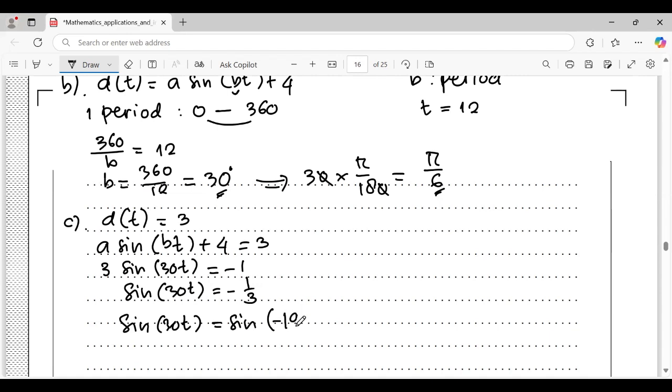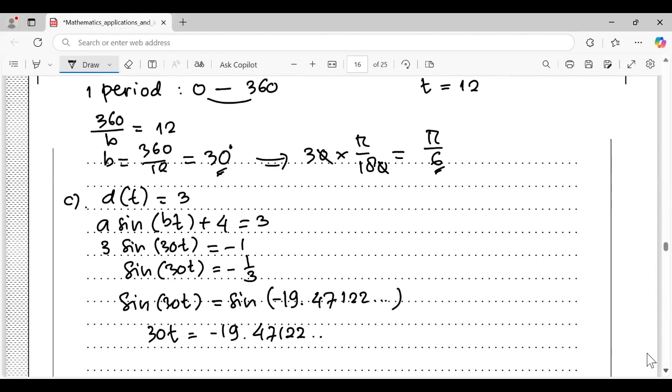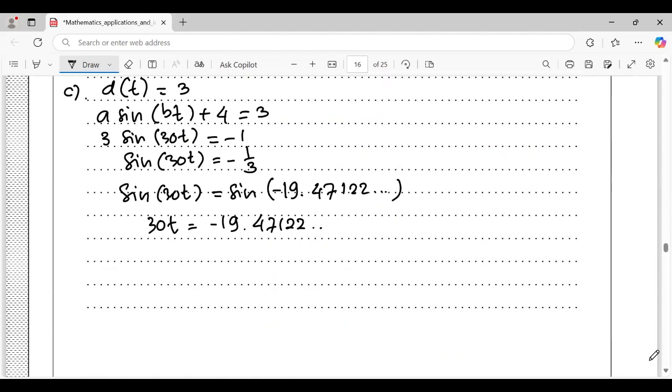I find the angle on my calculator: minus 19.47122. Okay, so 30t equals minus 19.47122.